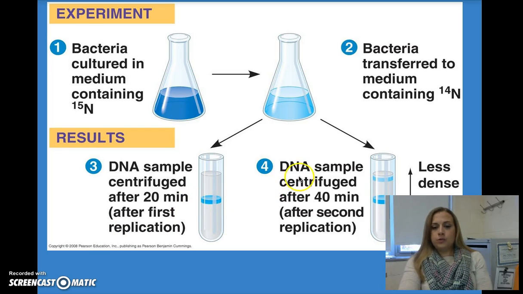Then the DNA sample was centrifuged after 40 minutes, which was after the second replication. I know you guys may have trouble seeing this. What this is showing you is that the less dense DNA was this light blue band up here, and then more dense DNA went lower into the test tube, and so there was the second band. It's a little bit darker, and it corresponds to the original band of DNA. So it's a little bit more dense.